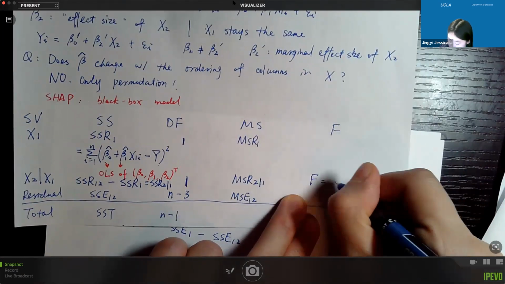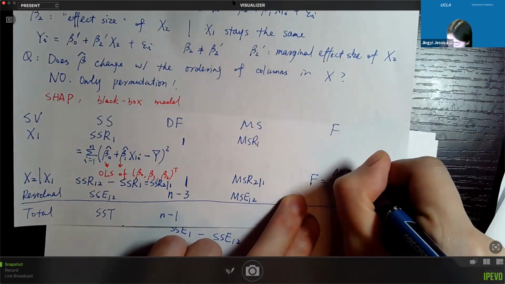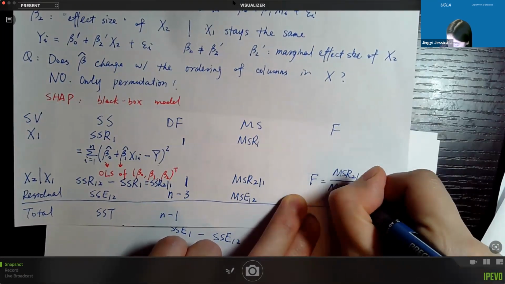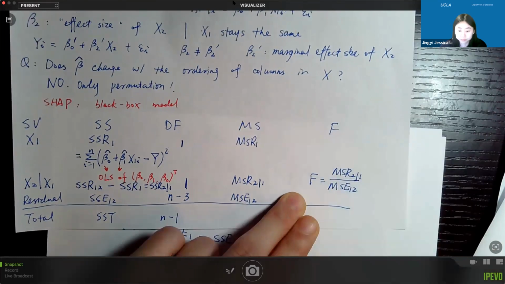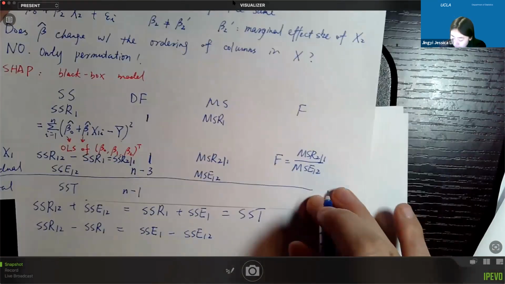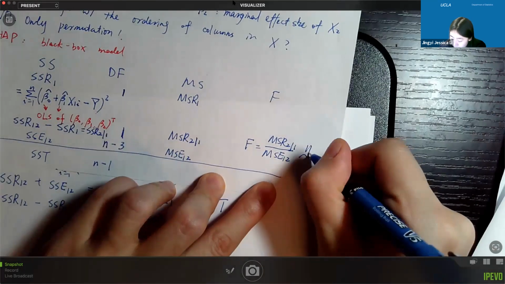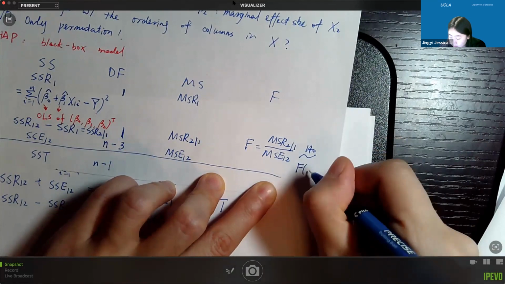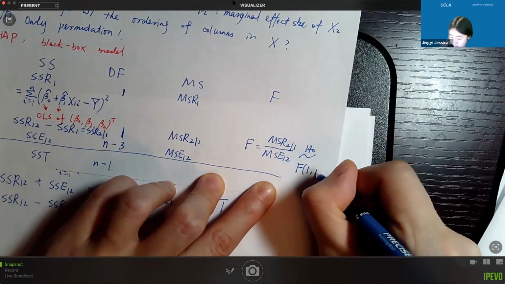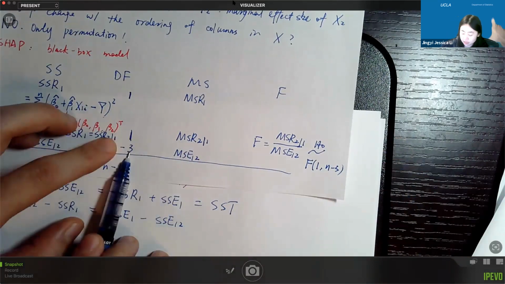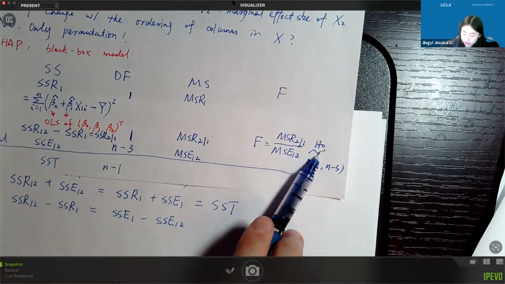It's the F, that is MSR2 given 1 divided by MSE12. Okay, and the null distribution for this F is an F distribution, the degrees of freedom are 1 and n minus 3. So it's the degrees of freedom of this and this. And here, what's the null hypothesis?